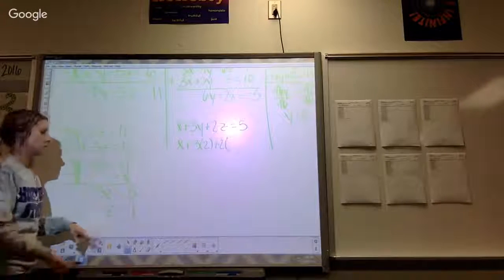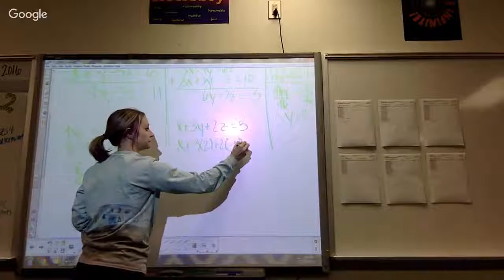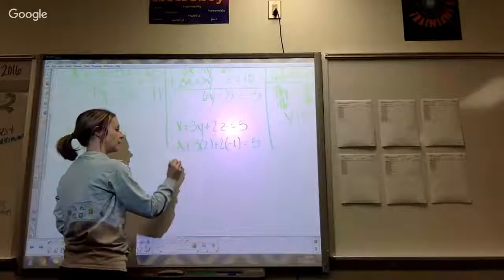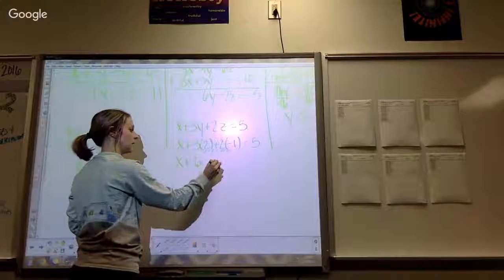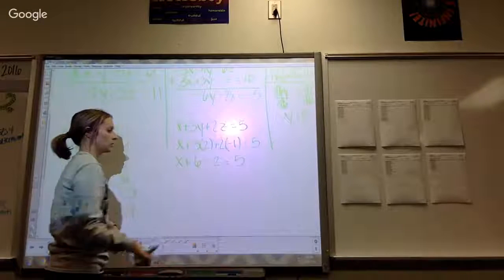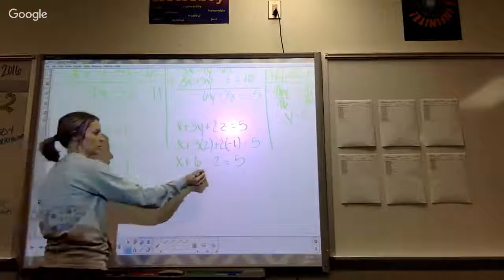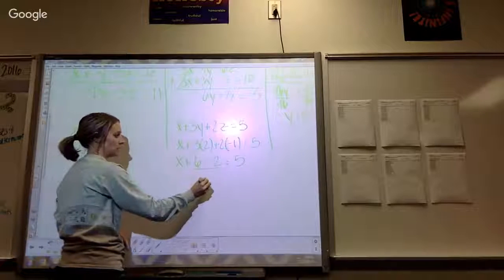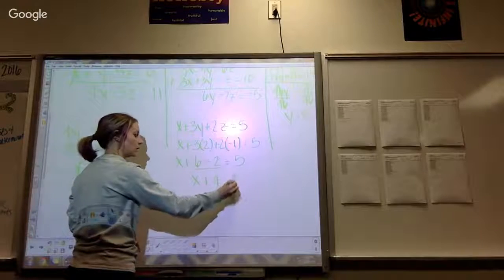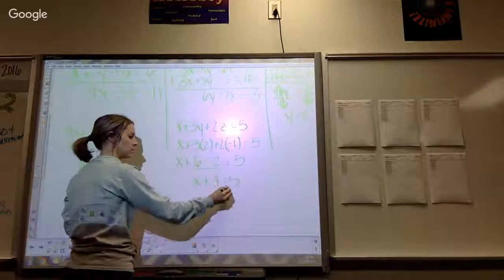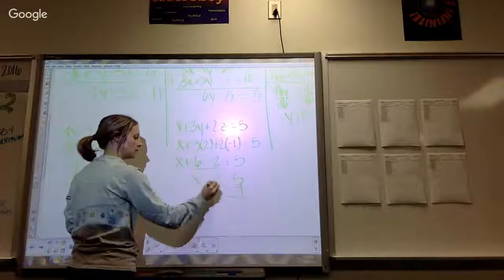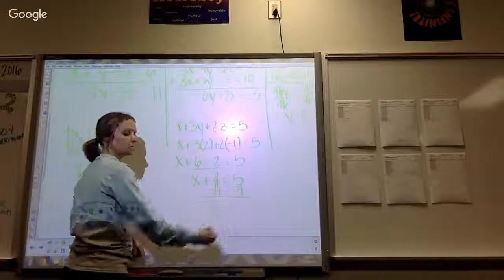And then z is a negative 1. That's x plus 6 minus 2 equals 5. So combining your like terms, you have x plus 4 equals 5. So subtract, and you get x equals 1.